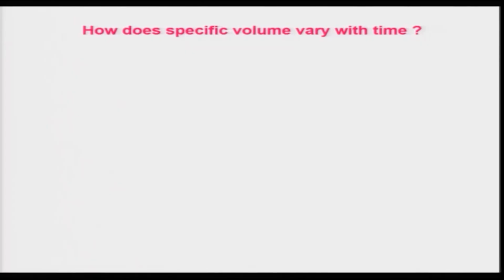This variation of specific volume with time will definitely be different for hypergolic propellant as compared to non-hypergolic propellant.